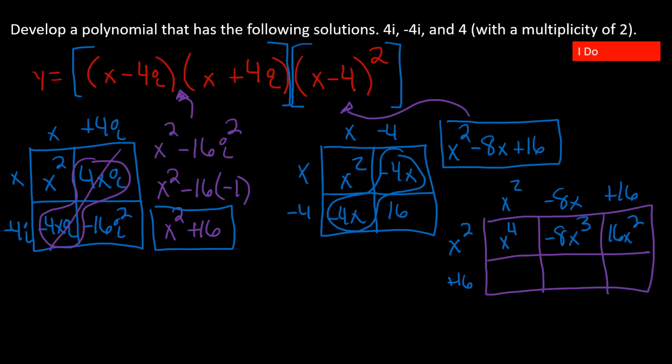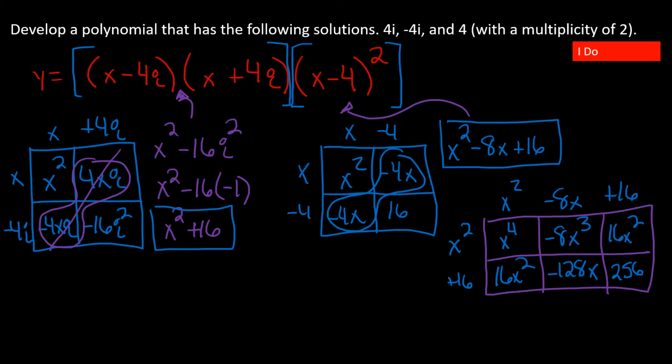Okay, go ahead and copy that down there. And then we have 16 times x squared, which would be 16x squared. 16 times negative 8, well, 8 times 16 would give us 128, so we'd have negative 128x. And then 16 times 16 would be 256.